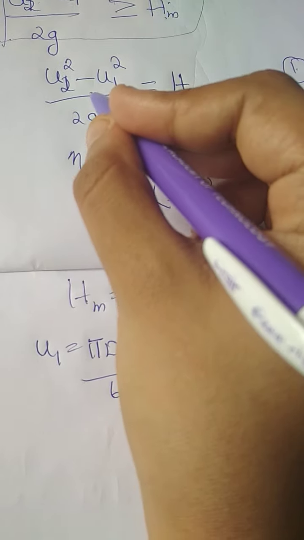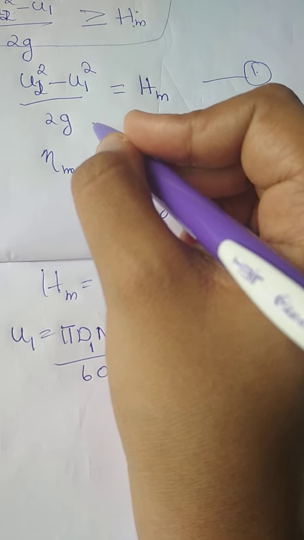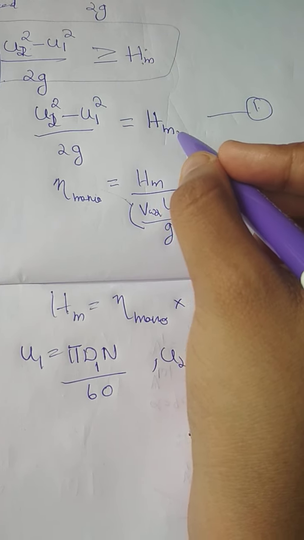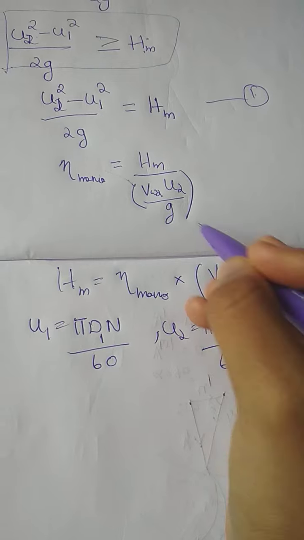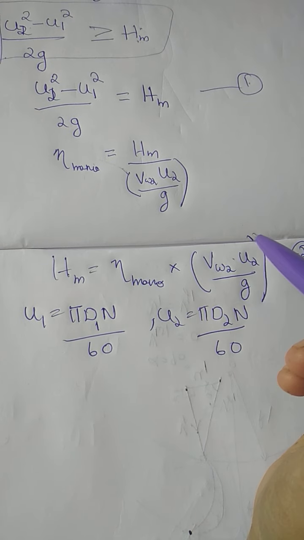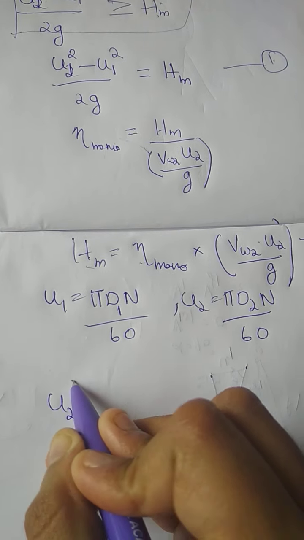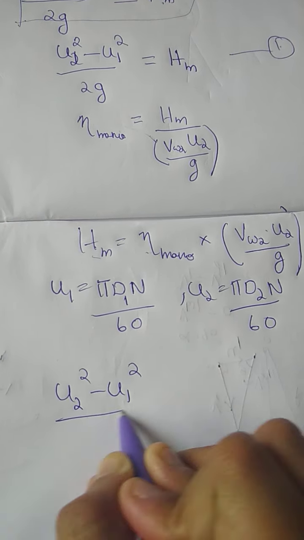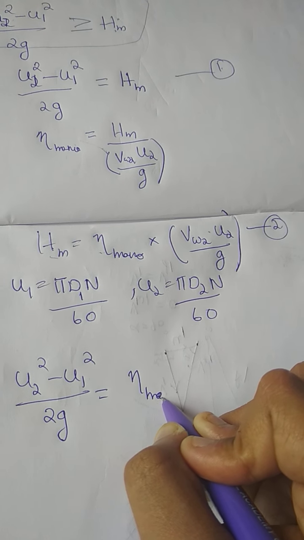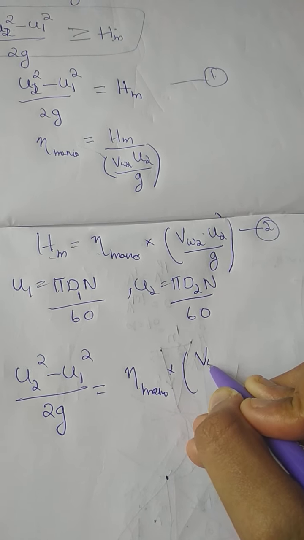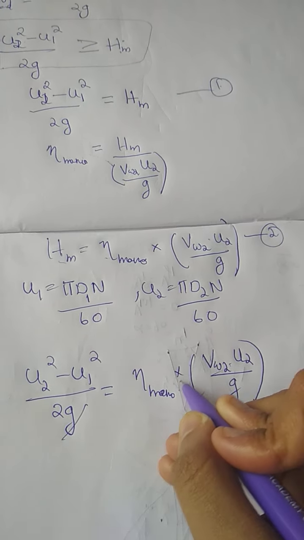So u2 square by 2g minus u1 square by 2g equals hm. Here g and g will get cancelled if I substitute for hm. So u2 square minus u1 square equals eta mano into Vw2 into u2 divided by g, and g gets cancelled.